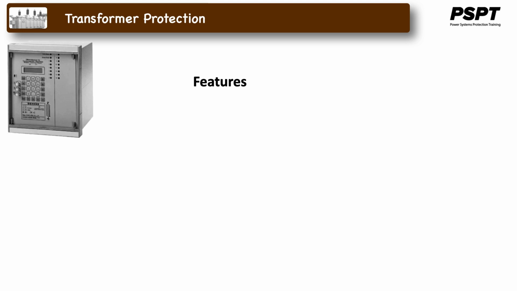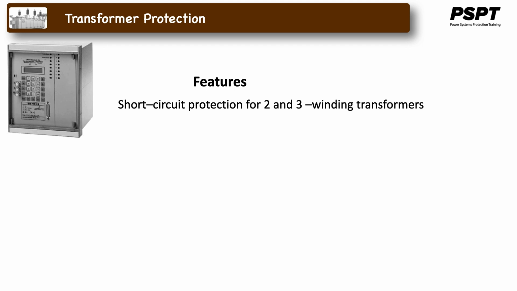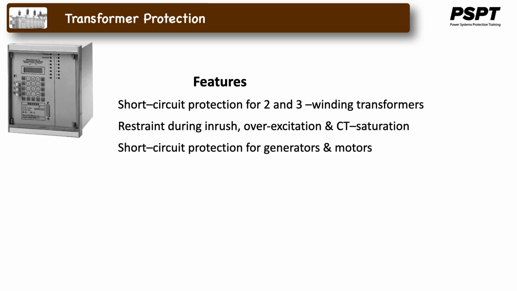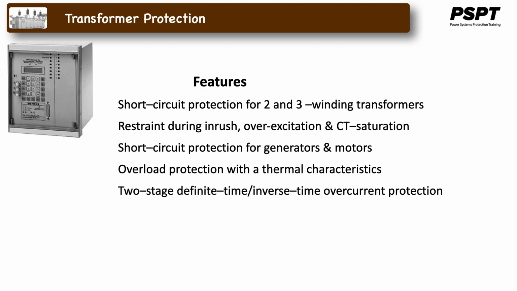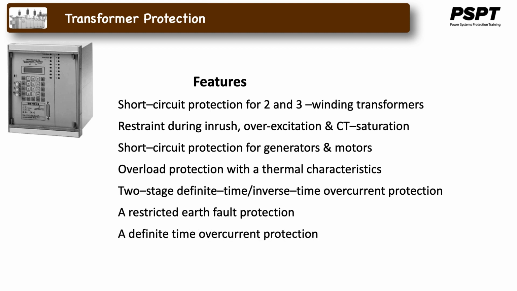Some of the features of the Siemens 7UT513 include short circuit protection for 2 and 3 winding transformers, restraint during inrush, overexcitation, and CT saturation, short circuit protection for generators and motors, overload protection with thermal characteristics, 2-stage definite timed, inverse timed overcurrent protection, a restricted earth fault protection, a definite timed overcurrent protection, and direct injection of 2 external open commands.